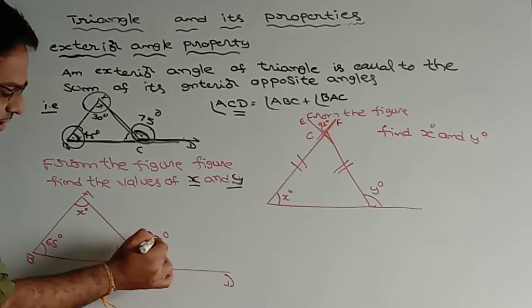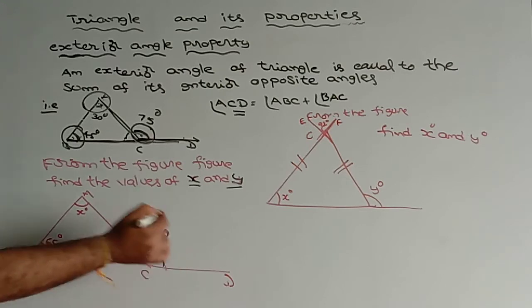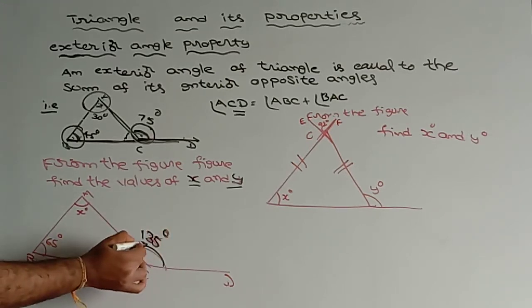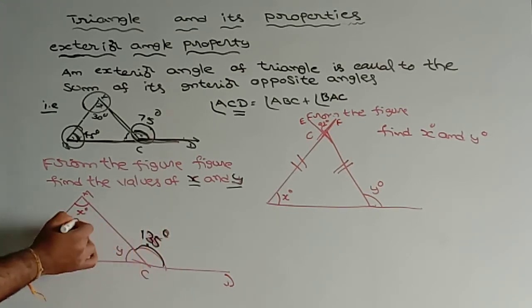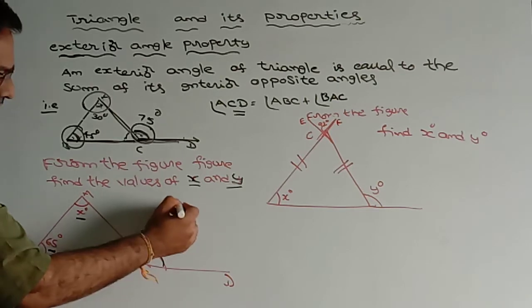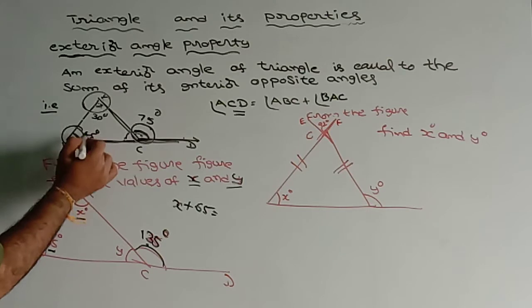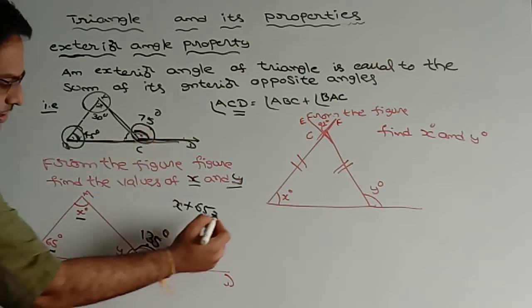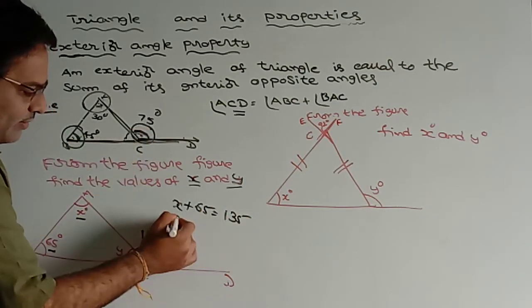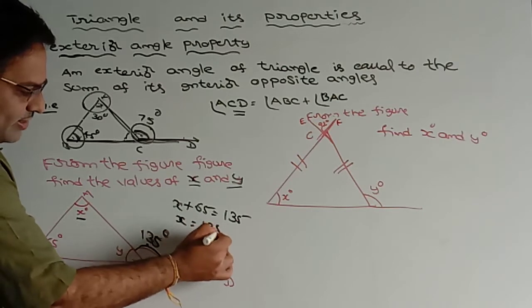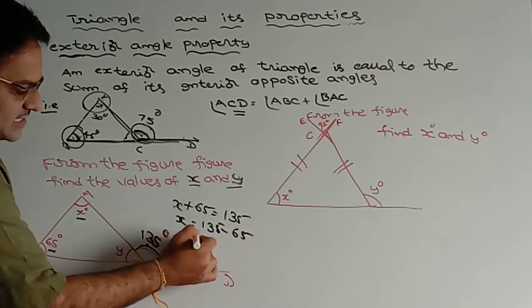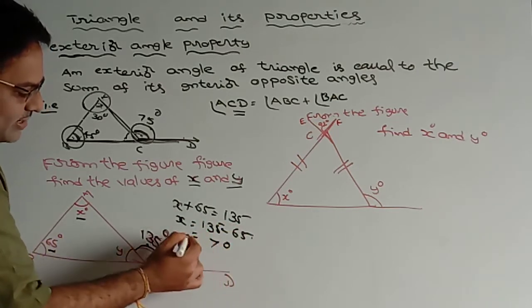This angle is 135 degrees. This 135 degrees is equal to x plus 65, based upon this concept. X plus 65 equals 135. X equals 135 minus 65, that equals 70 degrees.